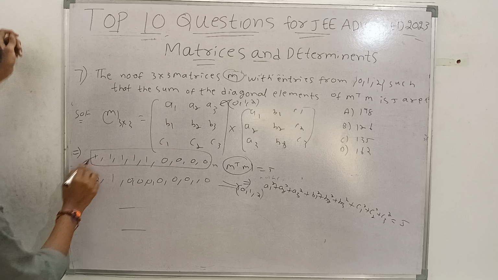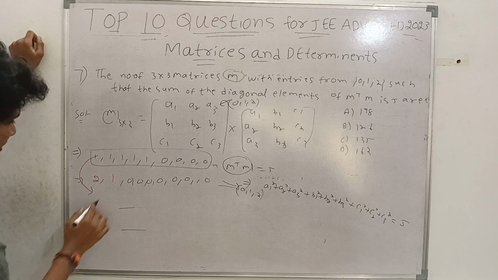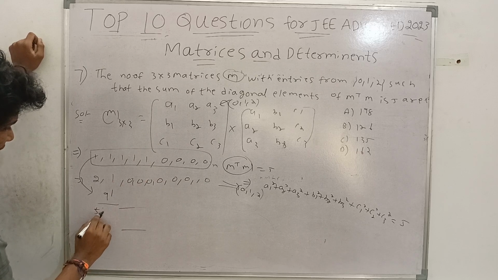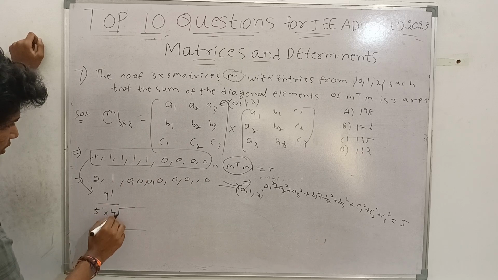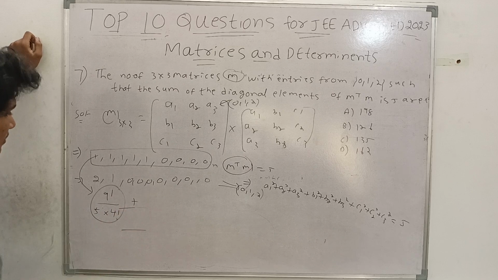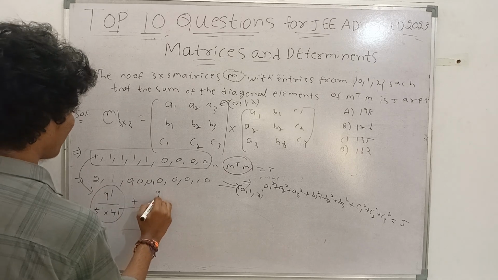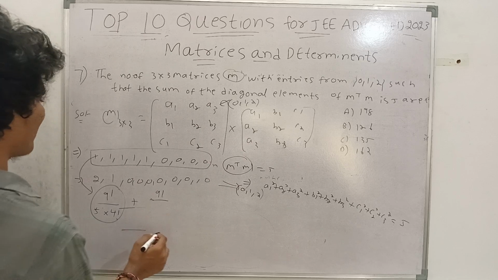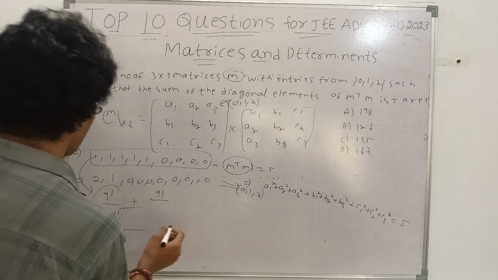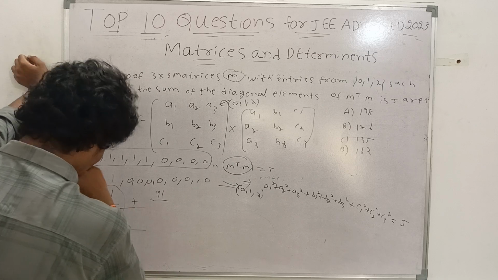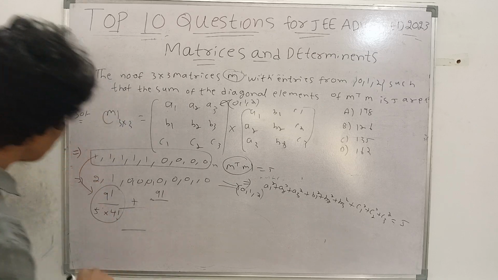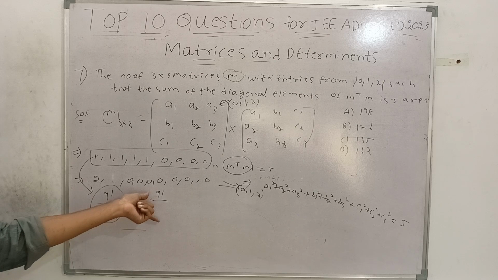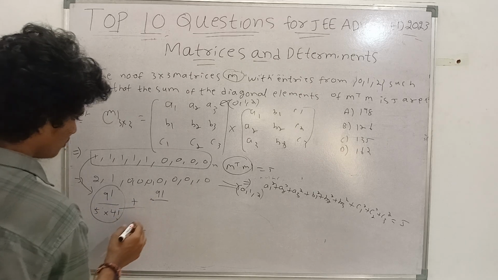It is clear that in this case it is 9 factorial divided by 5 factorial into 4 factorial. This is one case, plus, here it is 9 factorial divided by... this thing is 9C5 and here it should be 9C7.